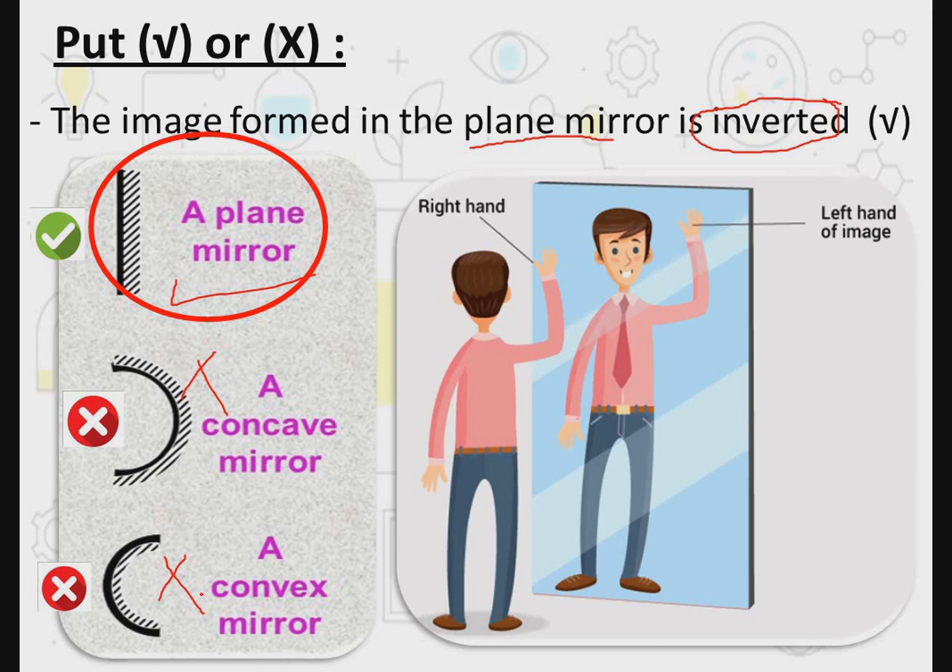When you look at the mirror, you can see your image. This image is inverted, meaning that when you look at the mirror and raise your right hand, the image in the mirror raises its left hand. So this one will be true.